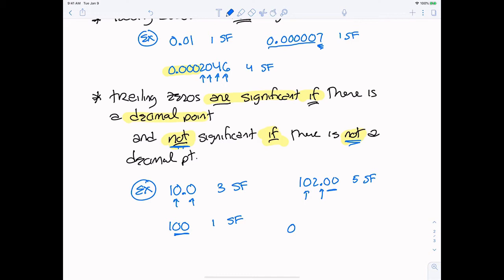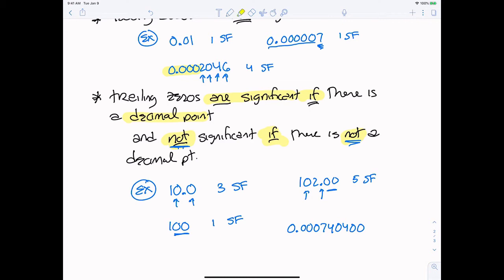Here's another one for you. 0.000740400. So how about this one? How many significant digits in this number? I think we're using all of our rules here. Let's go through this one together.